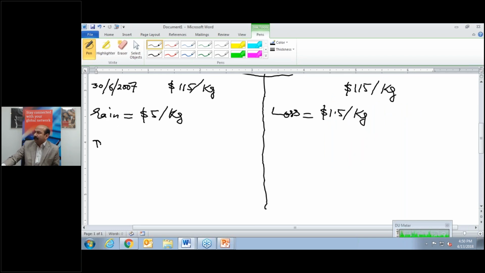Here again stock will be debited because there is a gain. The hedged item will increase by this amount, and if we calculate the total gain, the total gain is equal to $5.